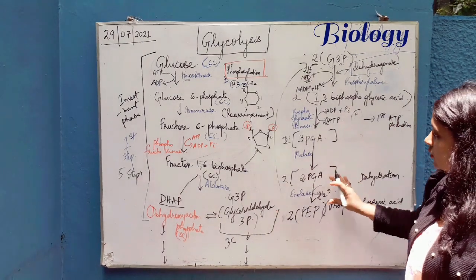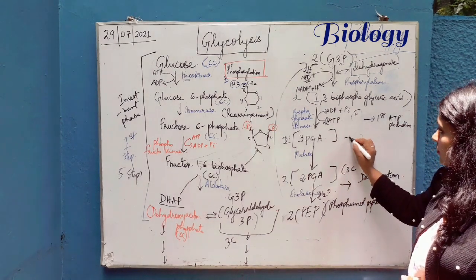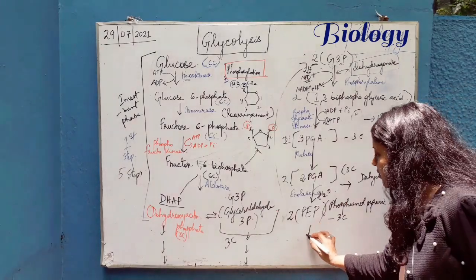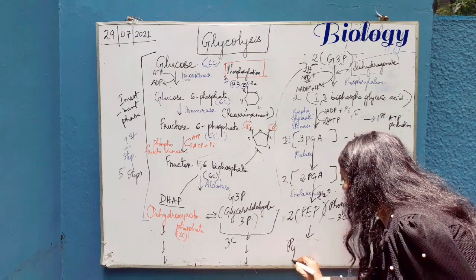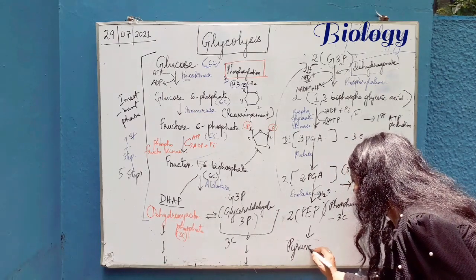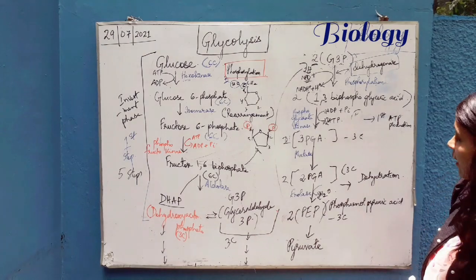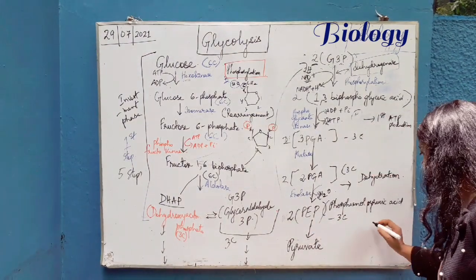So all these are what we call 3-carbon compounds. Here also 3 carbon atoms, here 3 carbon atoms, till it finishes the last step, where pyruvate is formed. So this pyruvate is formed by dephosphorylation.